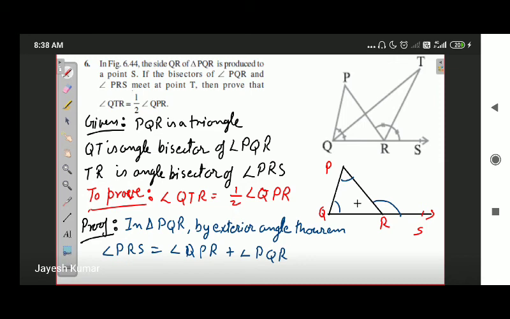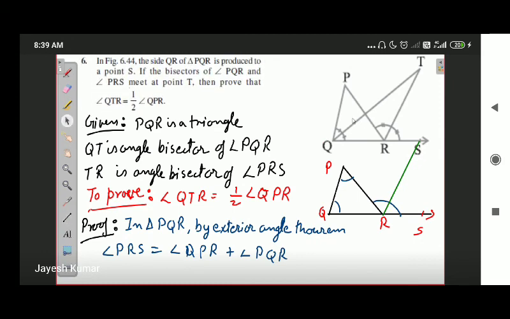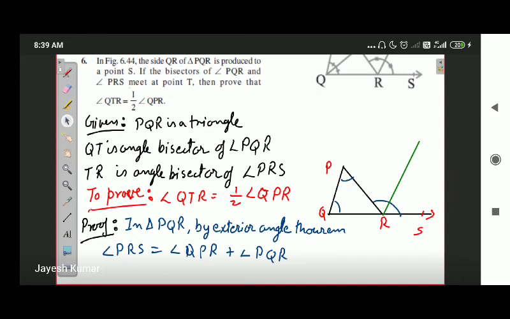Okay. Now RT, this is point T. RT is the angle bisector of angle PRS.